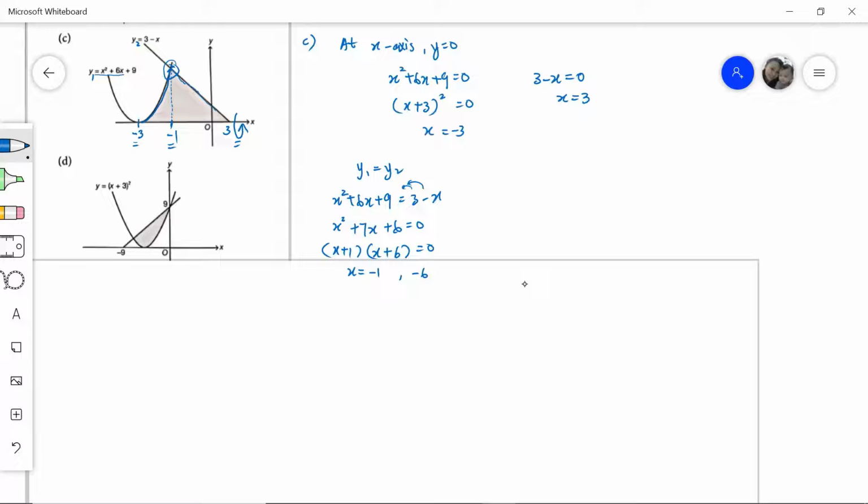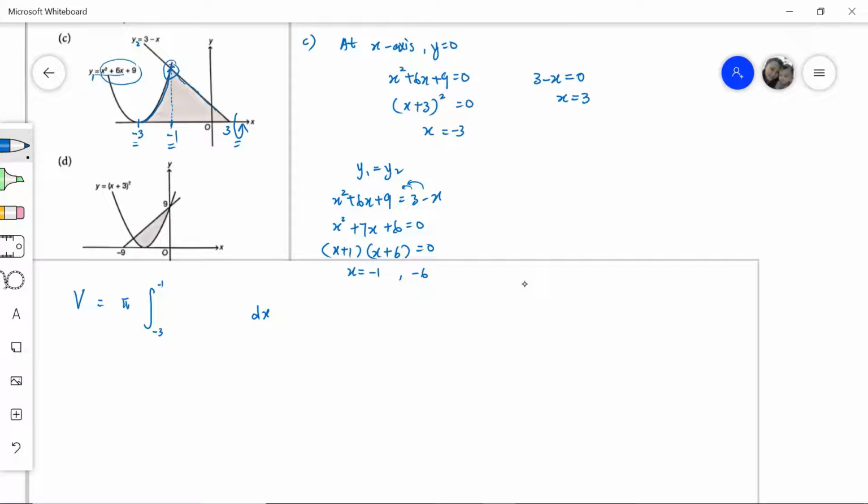So now we can start to generate the volume. So how do we generate the volume? The volume will be pi. For the curve, we integrate from -3 to -1 with respect to x, y squared. So we have to square this.